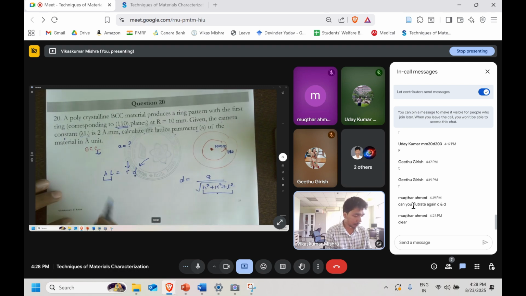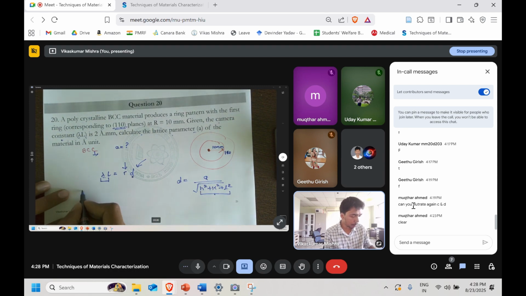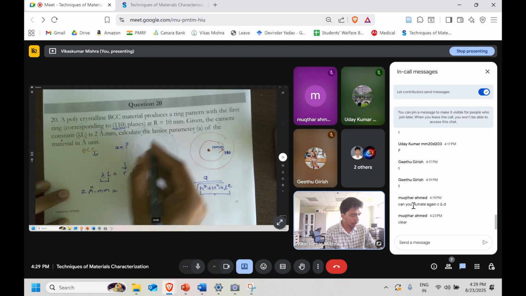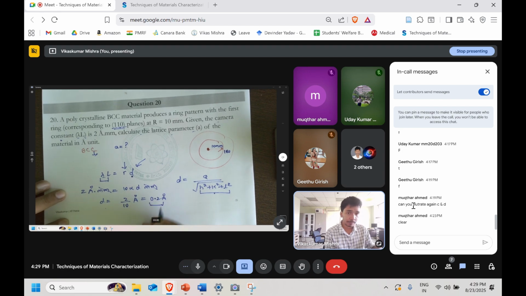Let's try to do this. Lambda times L, the value is given, it is 2 Angstrom mm. R is 10 mm times d, so the unit will be cancelled. Now d will be equal to 2 over 10 Angstrom, that is 0.2 Angstrom. So you got the value of d.